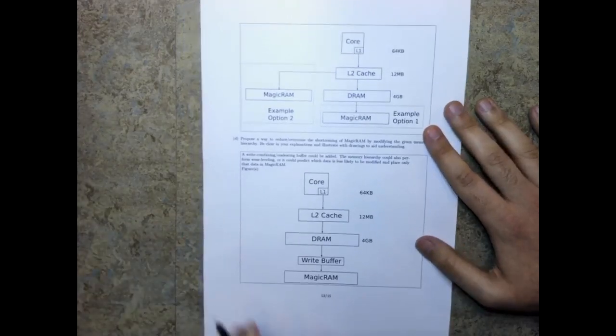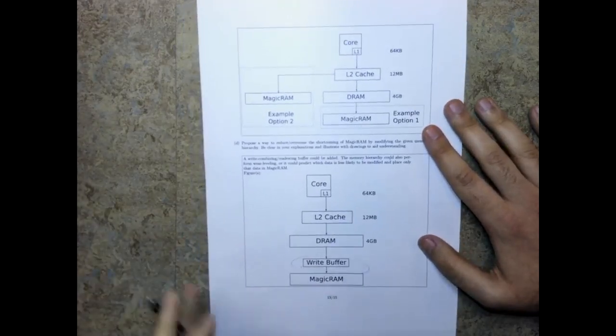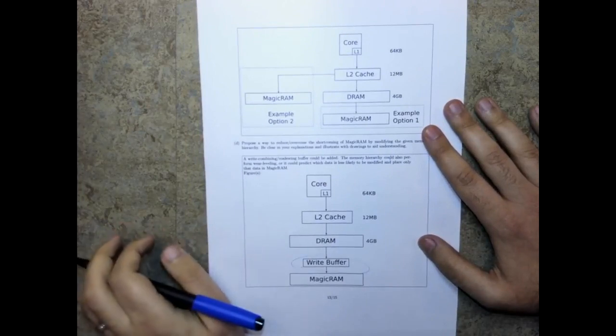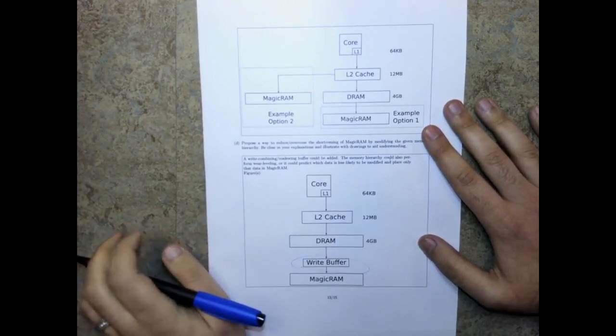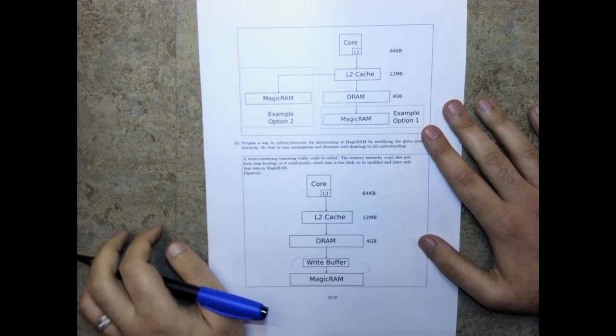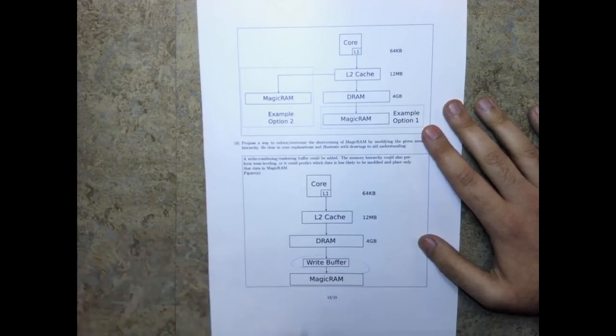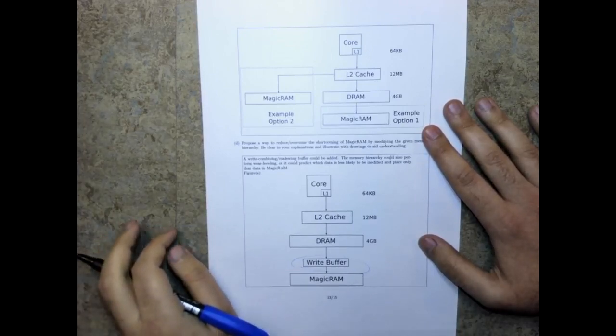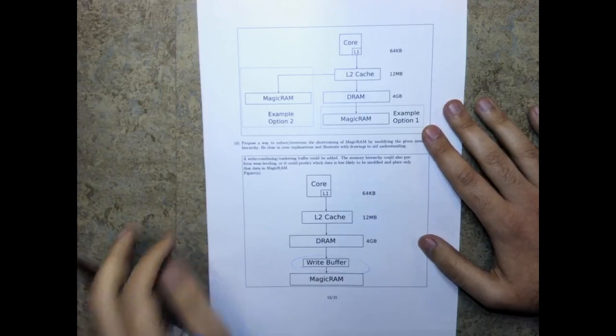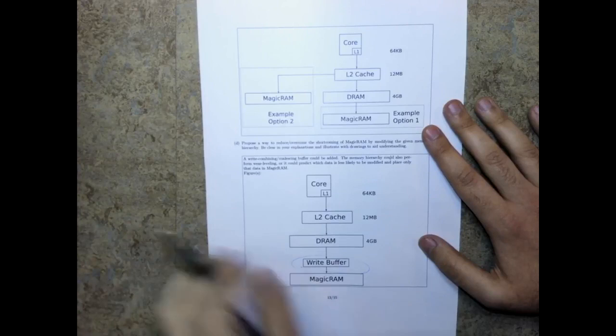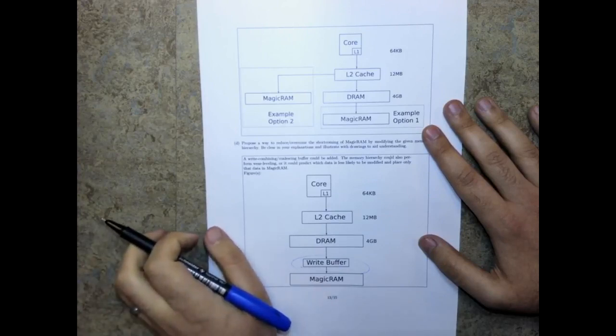But what we can do more is adding a write buffer between DRAM and MagicRAM. It can be used for coalescing or combining writes. And also, we can use some wear leveling techniques to try to uniformly distribute the writes to MagicRAM cells.